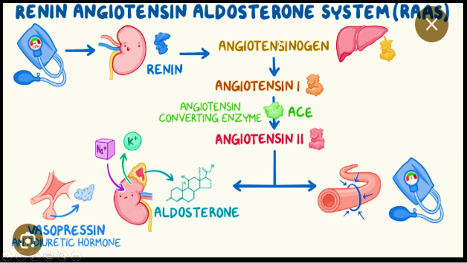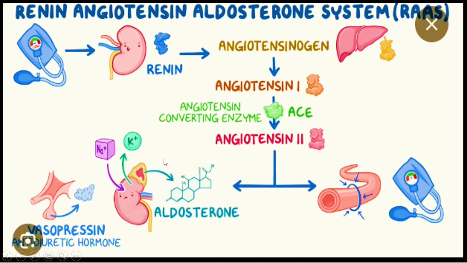This is a single chart where both mechanisms, the renin angiotensin and aldosterone mechanism, are shown. If you see, the blood pressure is decreased, and renin is produced by the kidneys, and it causes angiotensinogen to convert into angiotensin 1, and in the lungs the angiotensin converting enzyme converts it into angiotensin 2, which causes an increase in the peripheral resistance, and it will cause the blood pressure to increase.